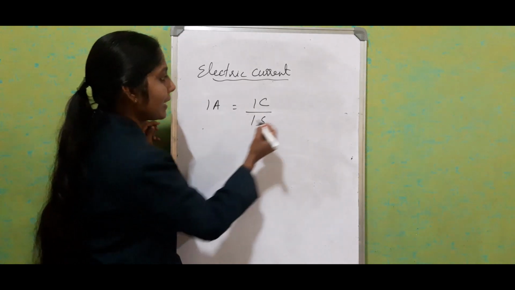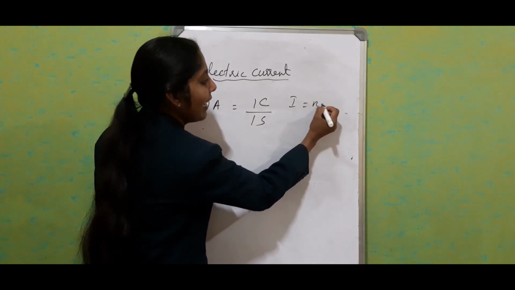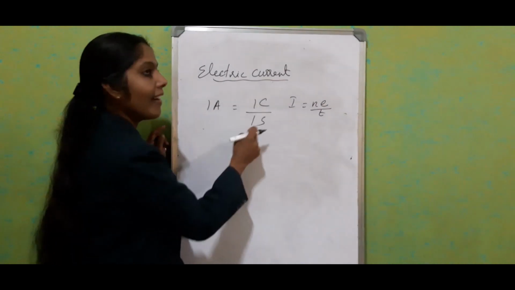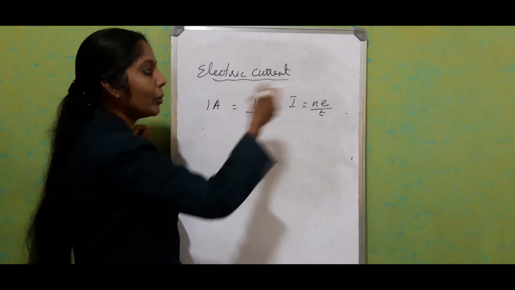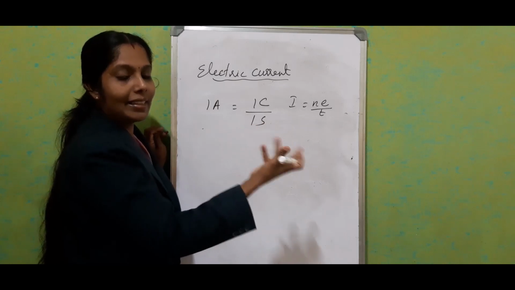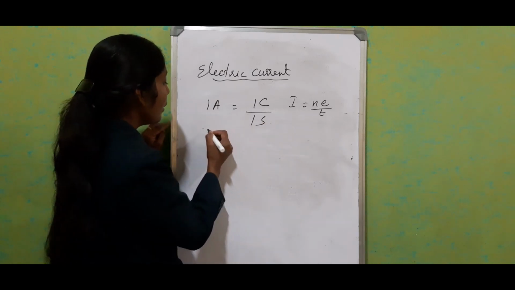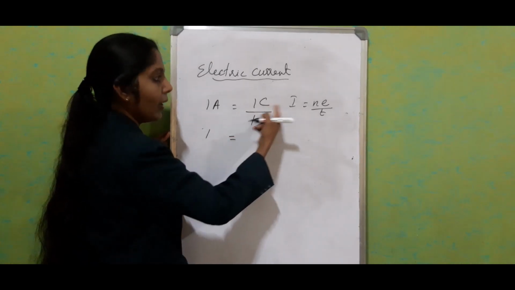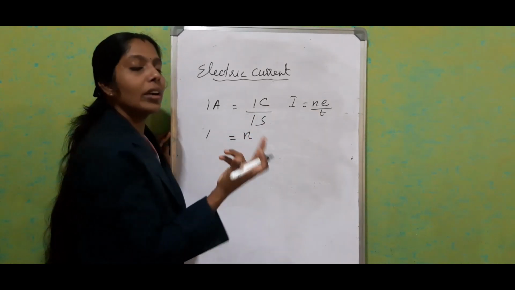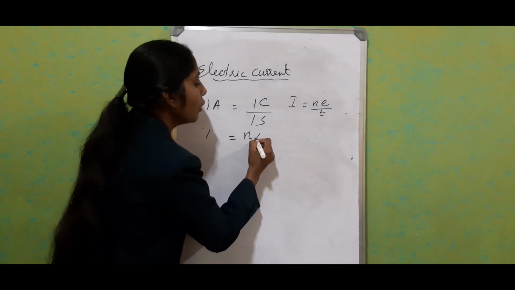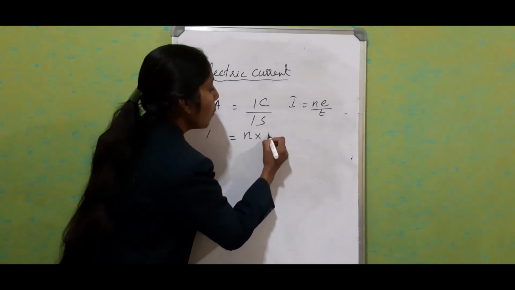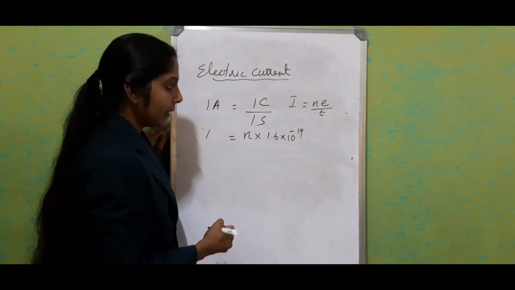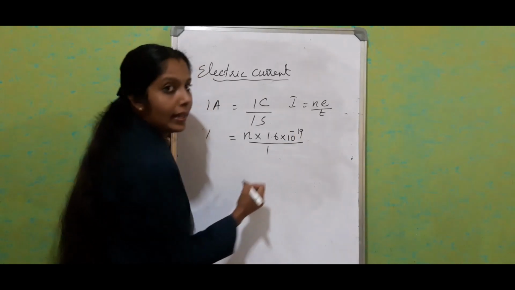We studied that I is equal to N into E divided by T. I'm going to substitute it. These values we know are 1, but we don't know the number of electrons. So 1 ampere equals 1 coulomb, N we don't know, but we know the charge of the electron, 1.6 into 10 to the power minus 19, divided by 1 second.